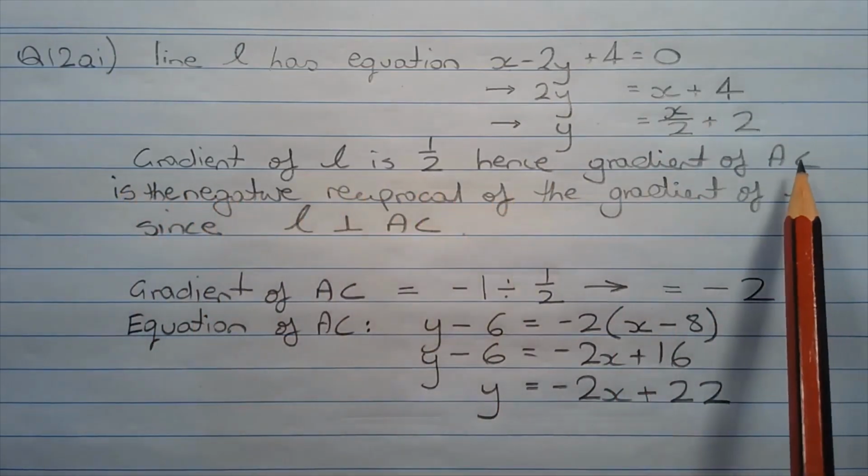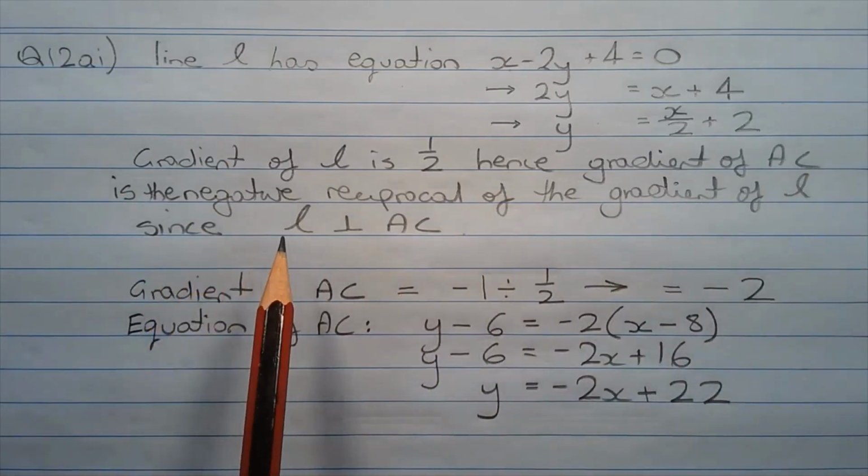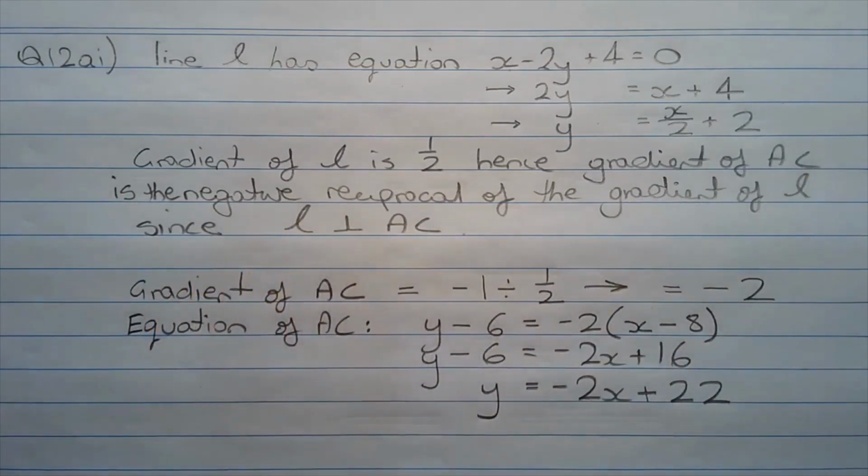Hence, the gradient of AC is the negative reciprocal of the gradient of L, since line L is perpendicular to line AC. So the gradient of line AC is equal to -1 divided by half, which equals -2. Now the line AC also passes through the point (8, 6). So using the point gradient formula, we can determine the equation of line AC.